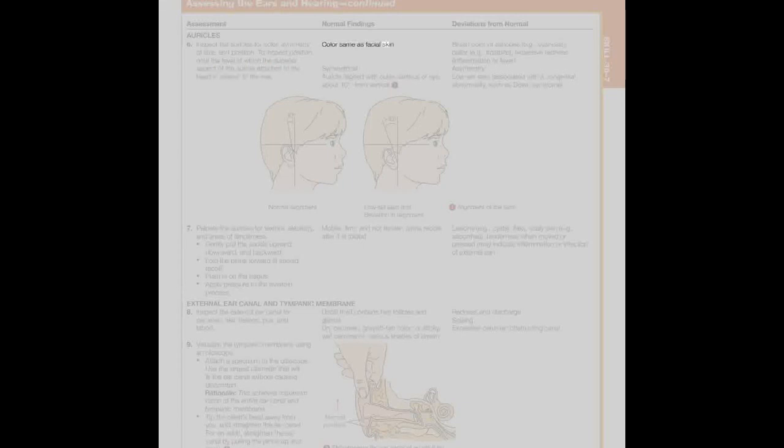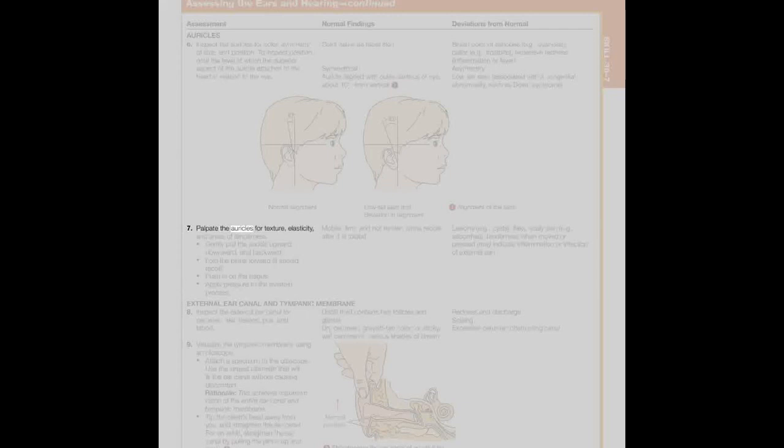Color: same as facial skin. Symmetrical auricle aligned with outer canthus of eye, about 10 degrees from vertical. Deviations: bluish color of earlobes, for example cyanosis; pallor, for example frostbite; excessive redness, inflammation or fever; asymmetry; low set ears, associated with a congenital abnormality, such as Down syndrome.